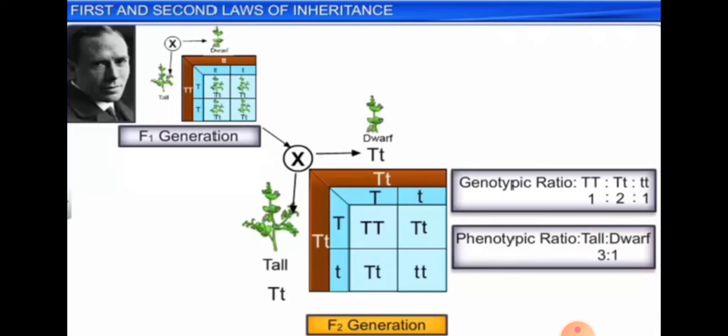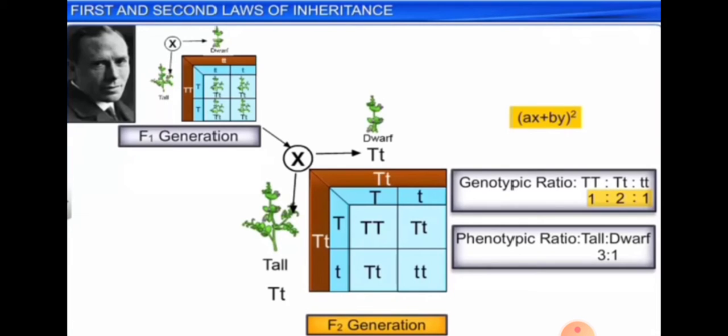So the ratio 1:2:1, or 1/4 capital T capital T to 1/2 capital T small t to 1/4 small t small t, is condensable to a binomial expression of the form (ax + by) whole square.